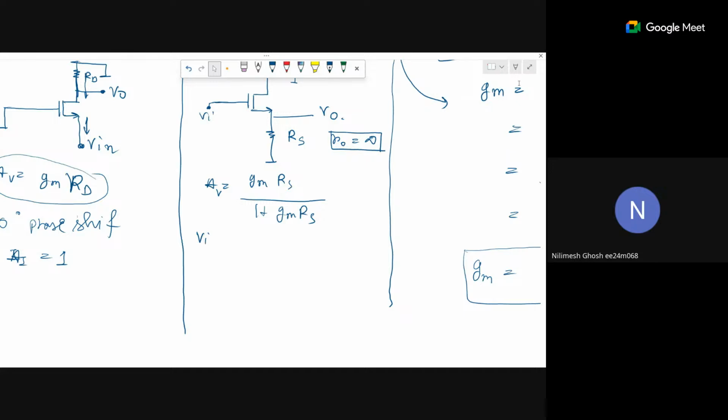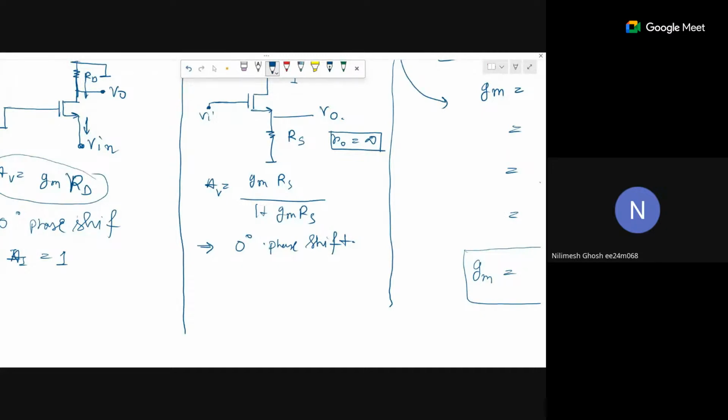So here also there is a 0 degree phase shift, because whatever voltage we give, if we give some positive voltage, we end up getting a positive voltage itself. So V0 by Vi will be at most 1, and that is positive also.